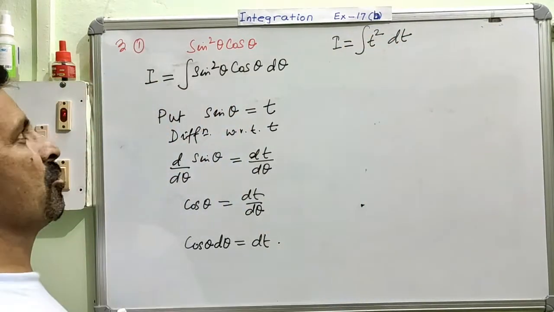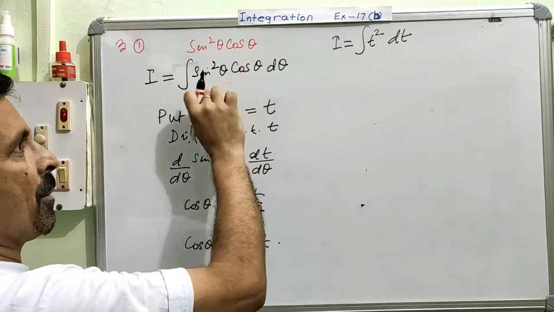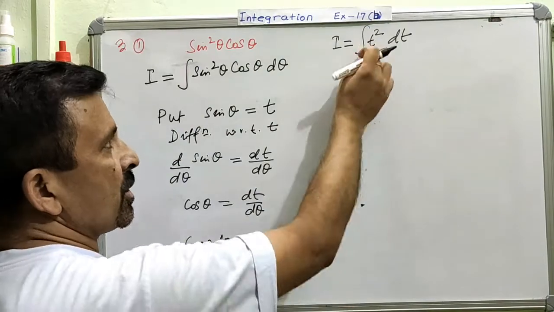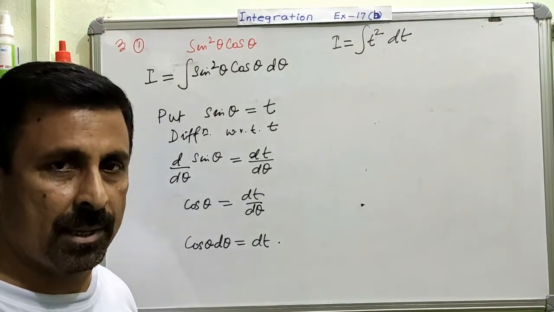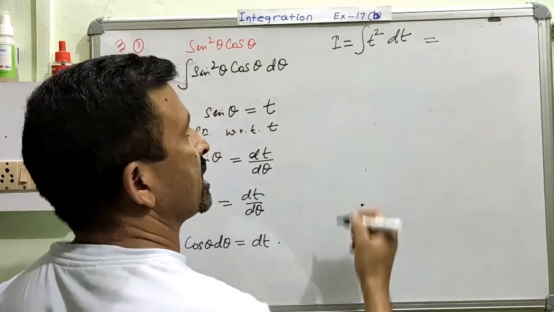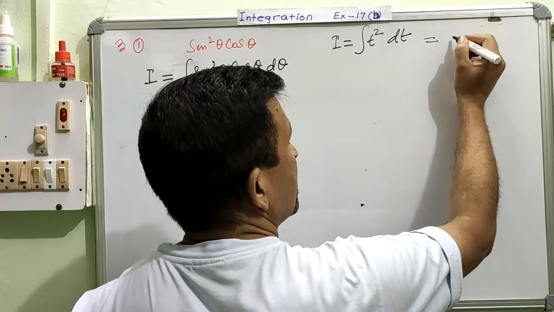Now this becomes your new question. This question is reduced to this one. You can see here, your question was given in the form of product. Now these two we have replaced by one single variable. So now it is no more a product form. Okay. Now we can easily integrate. So integration of this will be, like t to the power n, what we do is the power is increased by 1.